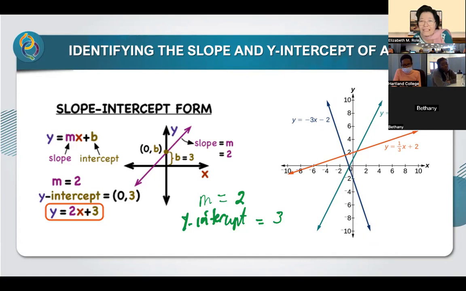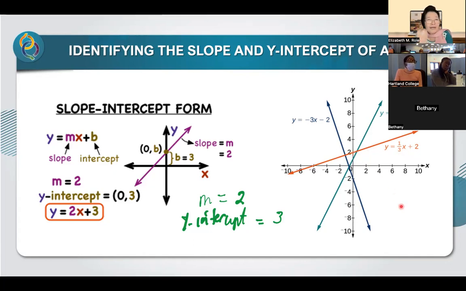Your slope is 2 and your y-intercept is 1. That's why it passes through 1 here. This equation y is equal to 1/3 x plus 2: your slope is 1/3 and your y-intercept is a positive 2. This line passes through 2. So those are some examples.